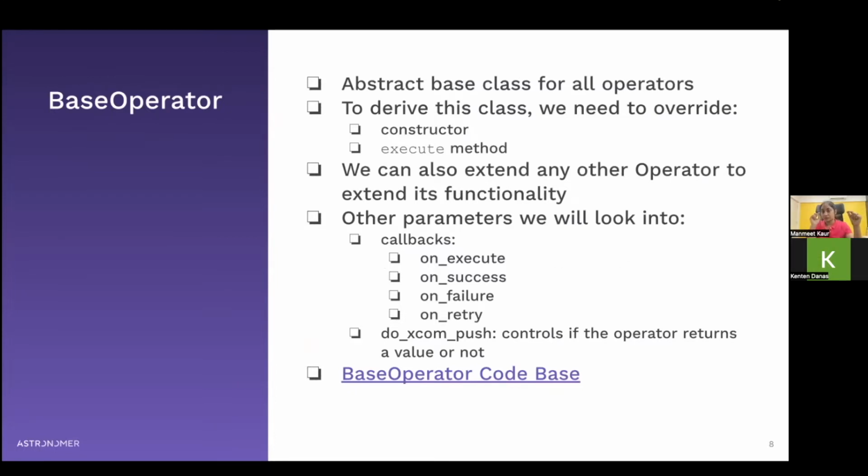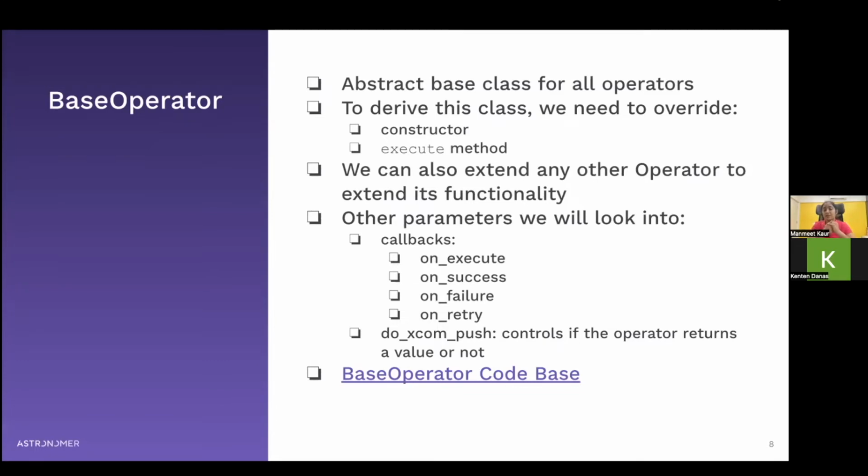So in order for us to create a new operator, we need to extend the base operator and override two different methods. One is the constructor method, which is the init, and the other is to implement the execute method, right? In the execute method, all the code that you want to run goes, and in the constructor, all the variables that you want to instantiate can go there.